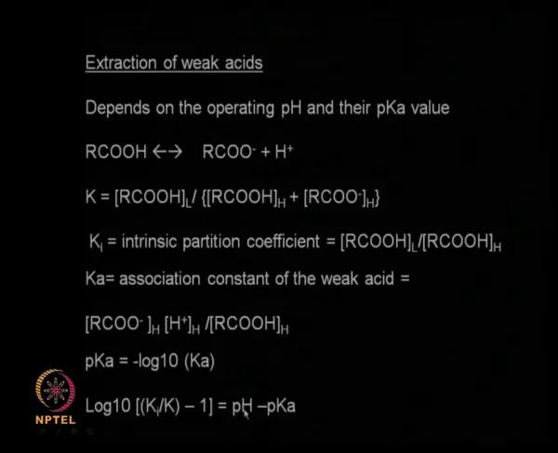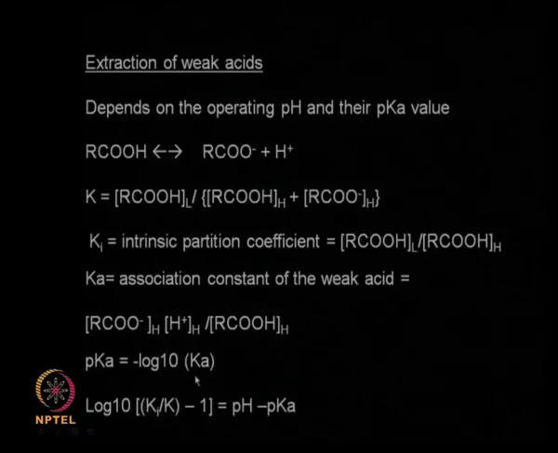I know at 2 different pH what is my K value, so I can calculate Ki and pKa from those 2 equations. So once I calculate, at a pH of 7 I can calculate what will be my K value, very straightforward. So I have been given at 2 different pH the K value, so from those 2 equations I can calculate the Ki and pKa for the system. Once I calculate, for a pH of 7 I can calculate what will be K.